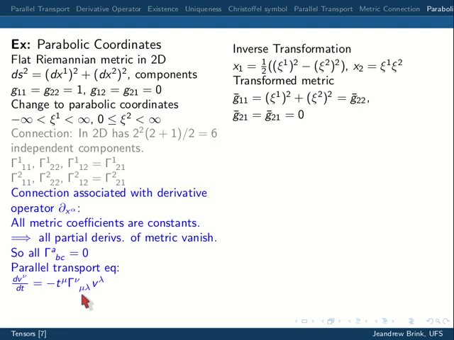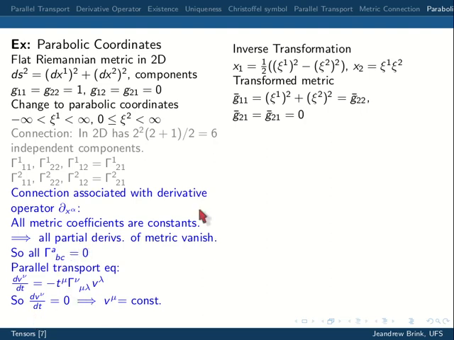So that's just the parallel transport equation written out. But because all these guys are 0, you have that the vector doesn't change as you parallel transport it, so your vector is basically constant. So that's basically restating the obvious for vectors in this Riemannian manifold, right? If you move it along any curve, the vector components are going to remain the same.